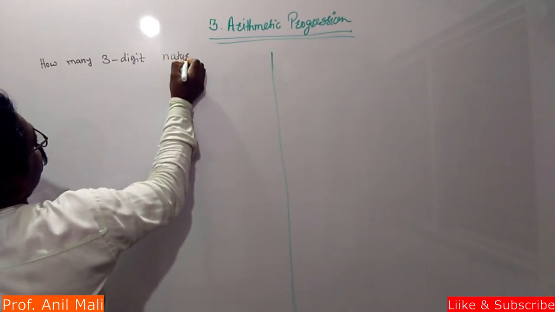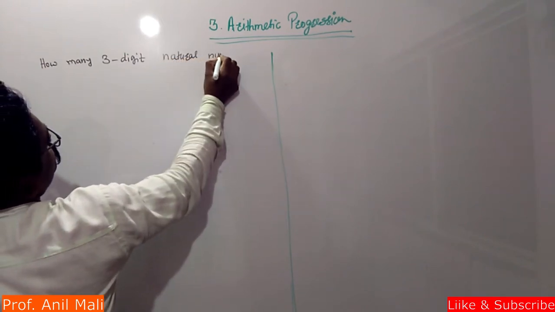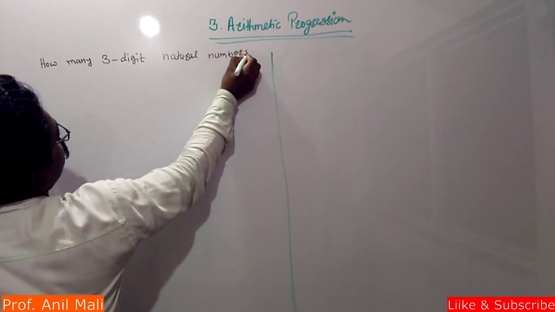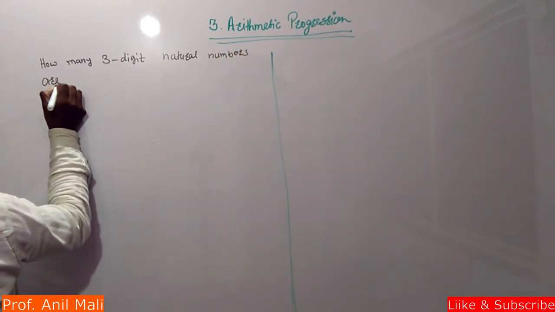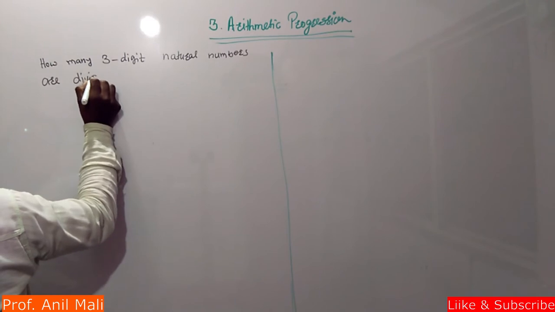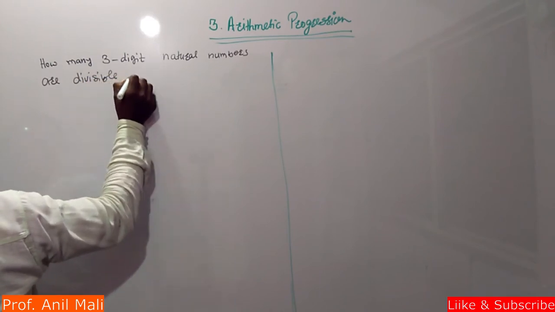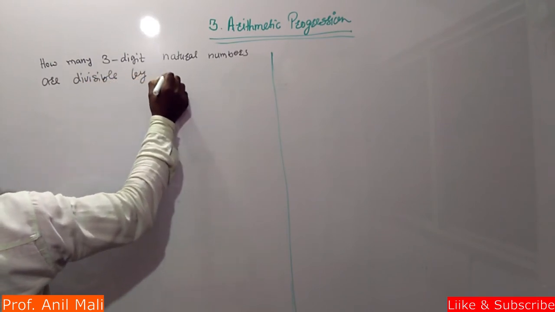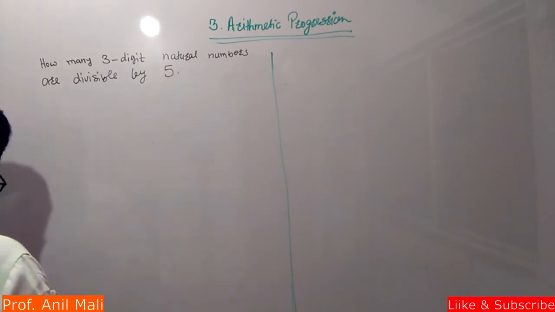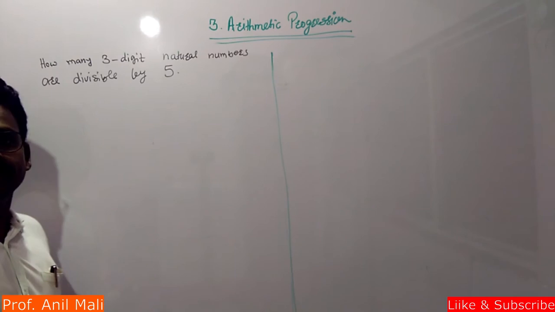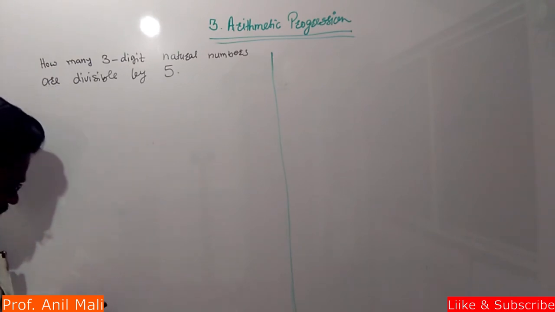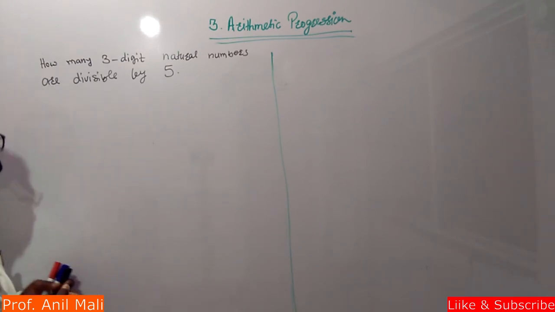How many 3-digit natural numbers are divisible by 5? Okay, so how can we find it out?